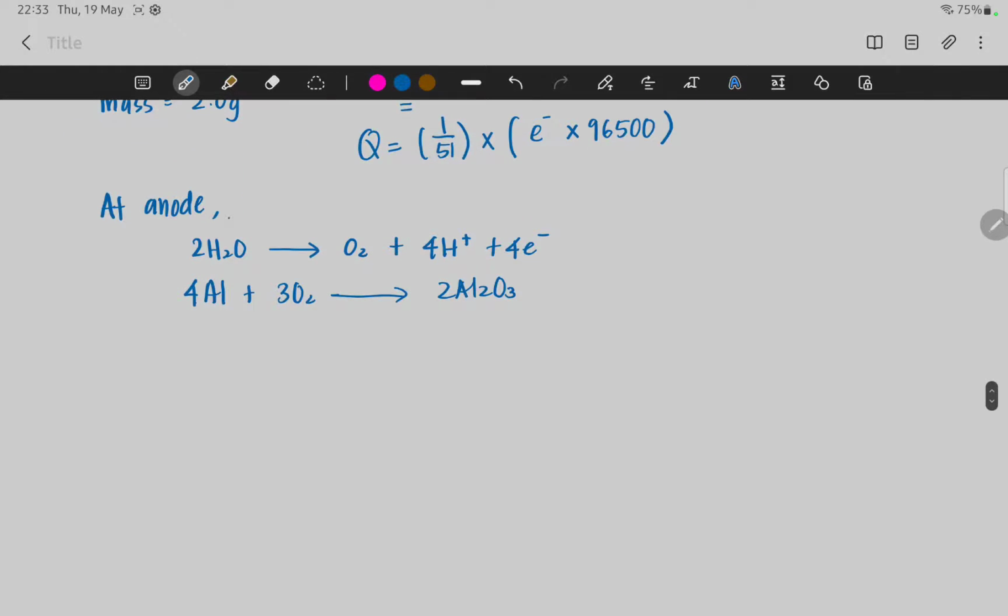So from this equation you can know that 1 mole of O2 requires 4F, which is 4 moles of electrons.